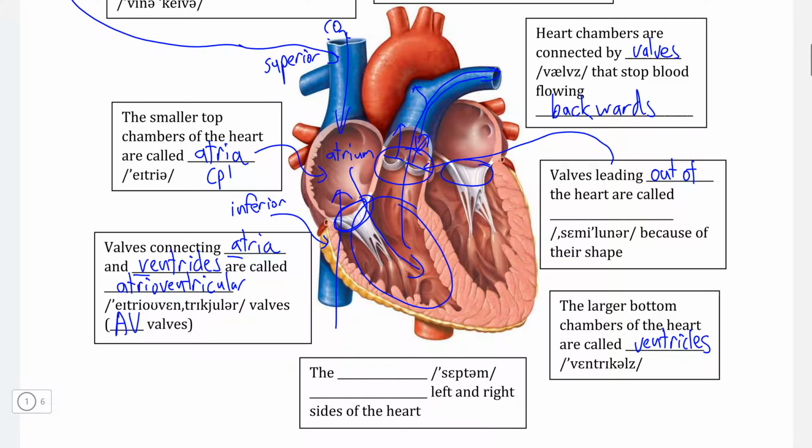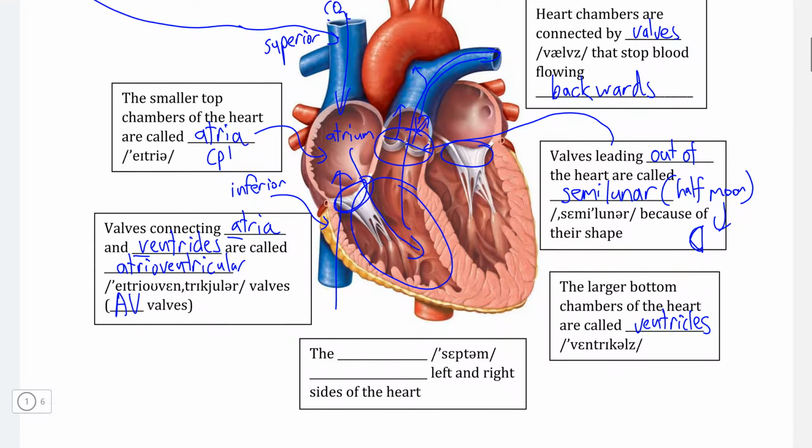And because of this characteristic half circle or half moon shape, we refer to these as the semilunar valves. Semilunar literally means half moon, and if we draw the shape of a half moon, something like this, also a half circle, we can see it resembles the shapes of the semilunar valves like this.